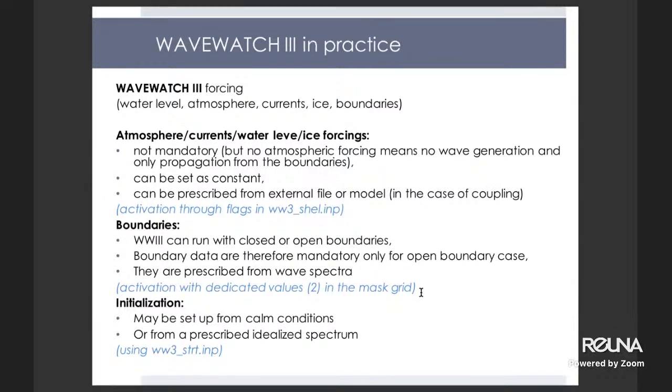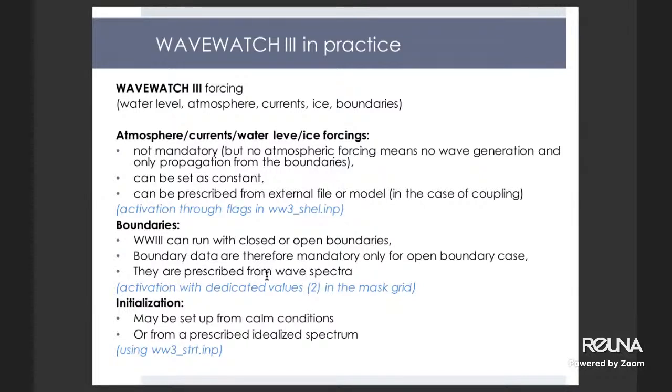And all this is activated through different flags in the shel.inp file, which is kind of the namelist of Wavewatch. For boundaries, you can run Wavewatch with closed or open boundaries. And so boundary data are only mandatory if you have open boundaries. And at this moment, they are prescribed from wave spectra. So you need wave spectra to prescribe boundaries.